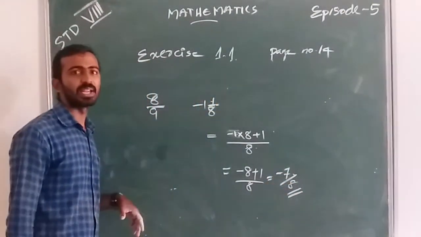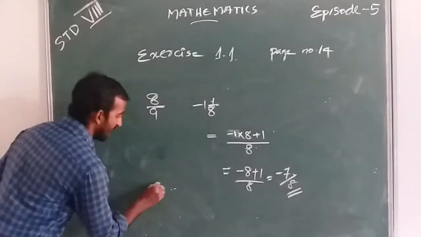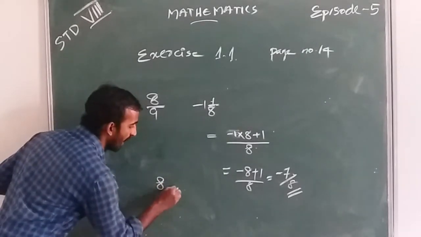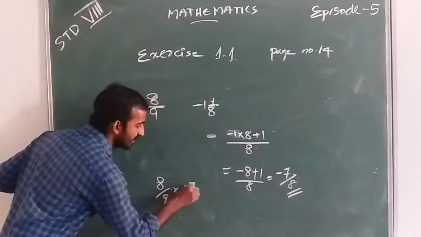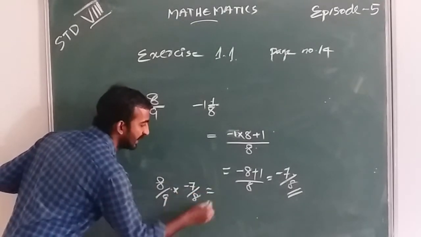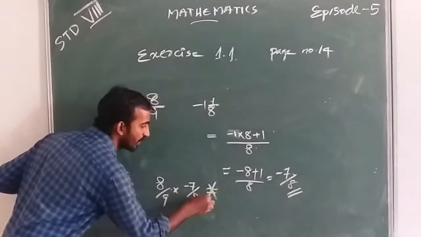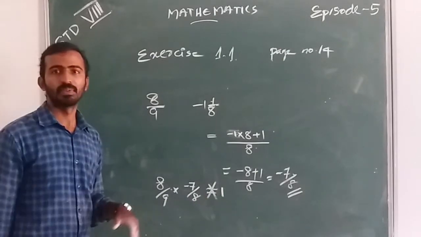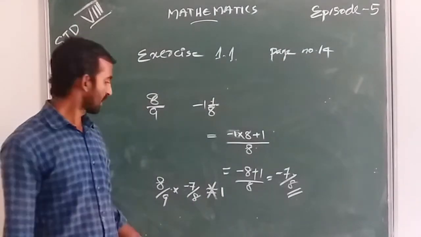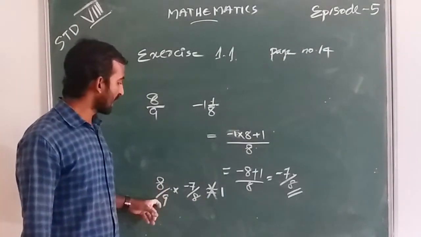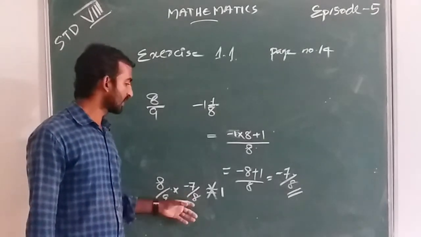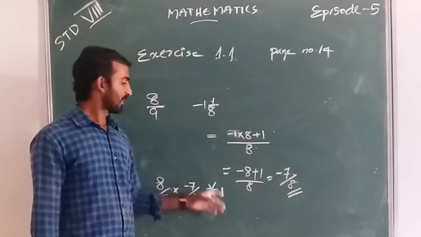That is, 8 by 9 into negative 7 by 8. We didn't get 1. Or the reciprocal of 8 by 9 is 9 by 8. So we didn't get the 1.